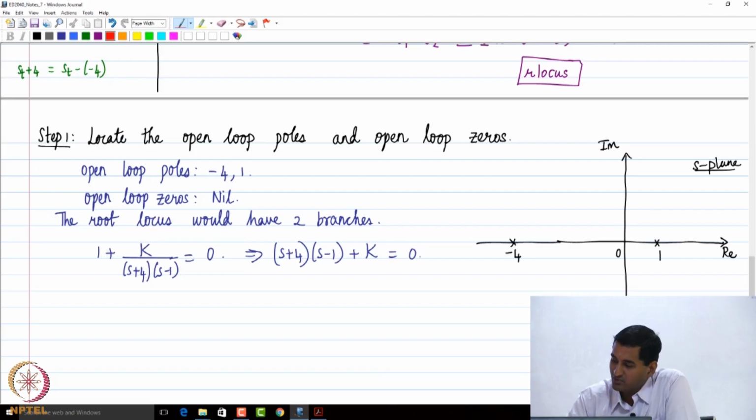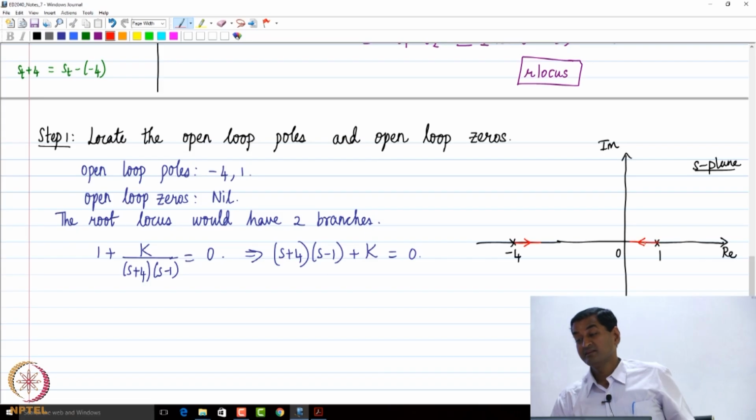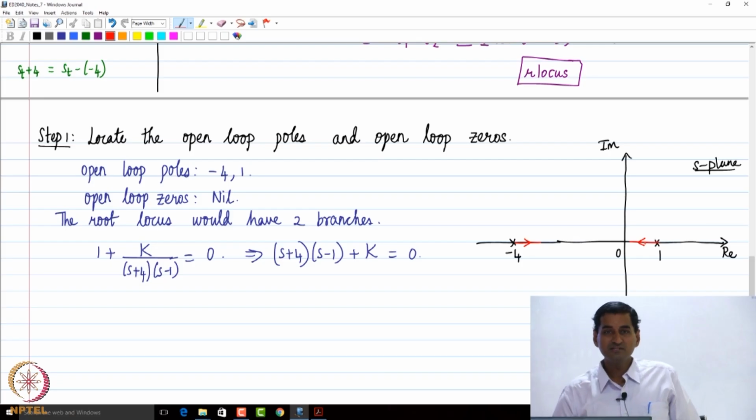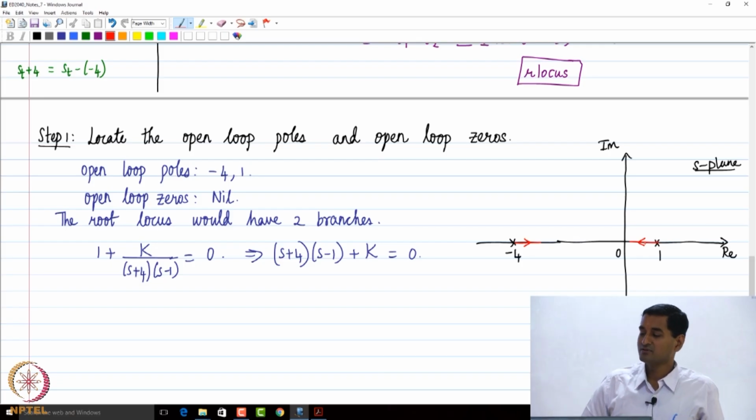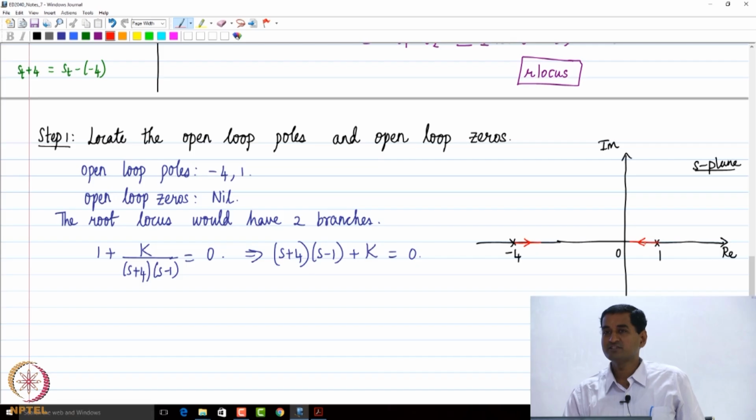I'm going to draw it, and you tell me the answer and the justification as to why. The 2 branches of the root locus will start like this. The branch which starts at -4 would go towards the right on the real axis, and the branch starting at +1 would go to the left on the real axis. What do you think are the reasons behind this?